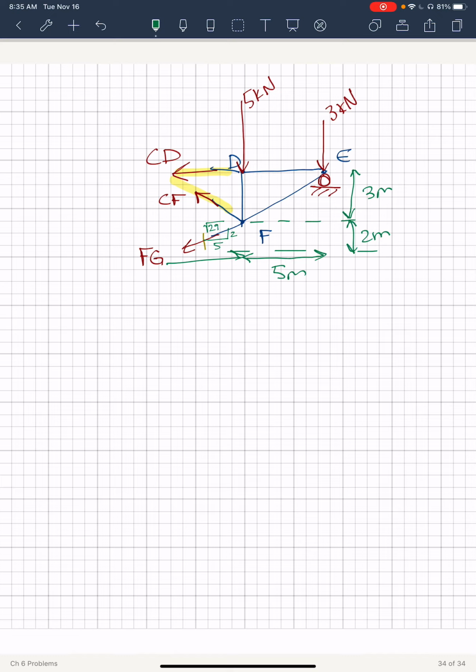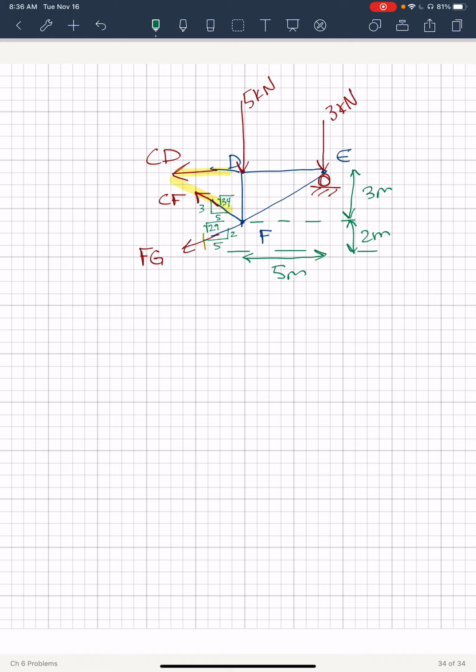And then for CF, it goes down 3 and over 5, so that one would be the square root of 5 squared plus 3 squared. So that's 25 plus 9, which would be square root of 34. And then we have the other dimensions written on here. So I think we're ready to start solving.